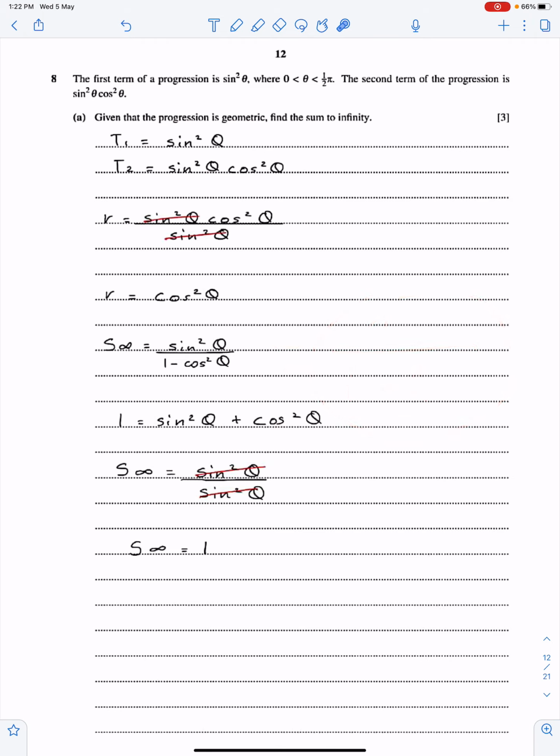So by substituting the values of a and r into sum to infinite formula, we can get this thing. And you know, 1 minus cos square theta is sine square theta. So sum to infinite is 1.